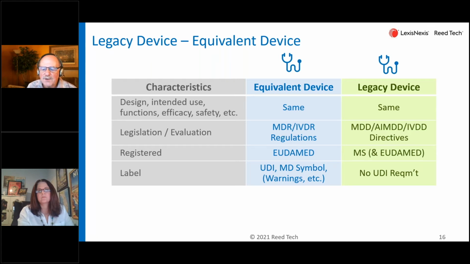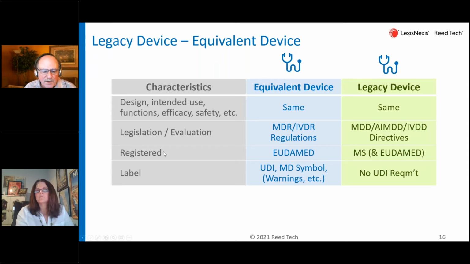Most likely you touched on some of these technical documents and evidence of supporting the safety and so on for this particular device. It's a whole another level of investigation and evaluation for an equivalent device under the MDR versus the directive. So again, nothing is grandfathered in. You have to start with your full inventory and have it meet the regulations.